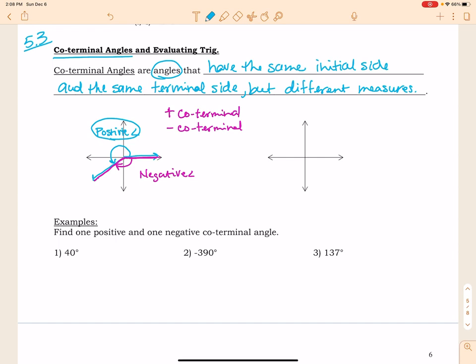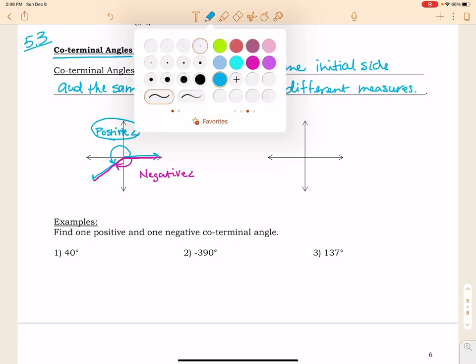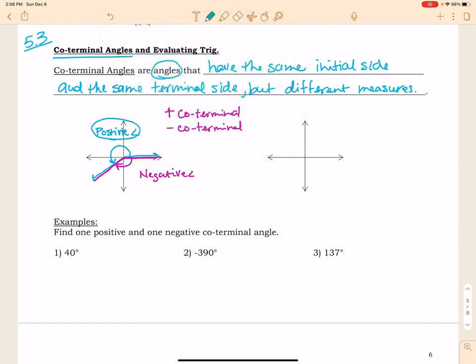But now let's see what a positive coterminal angle would look like for this, because I showed you the negative coterminal angle, but a positive coterminal angle will begin here and it's going to end here, but it's going to have a different measure.